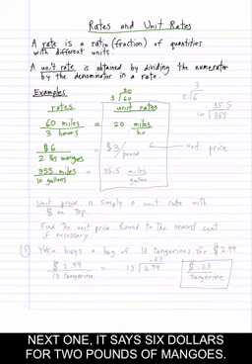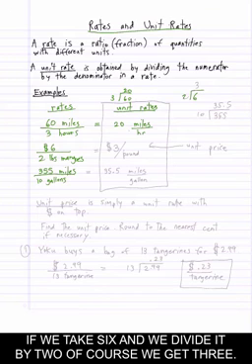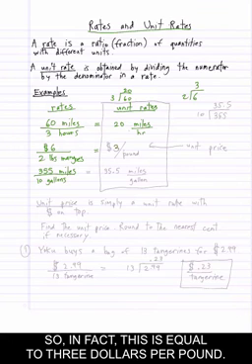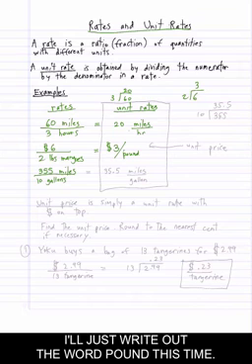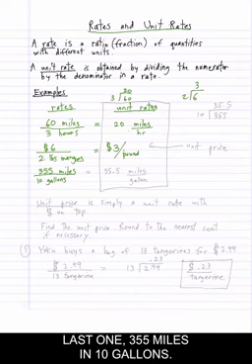Next one. It says $6 for 2 pounds of mangoes. If we take 6 and we divide it by 2, of course we get 3. So in fact, this is equal to $3 per pound. I'll just write out the word pound this time. Last one, 355 miles in 10 gallons.